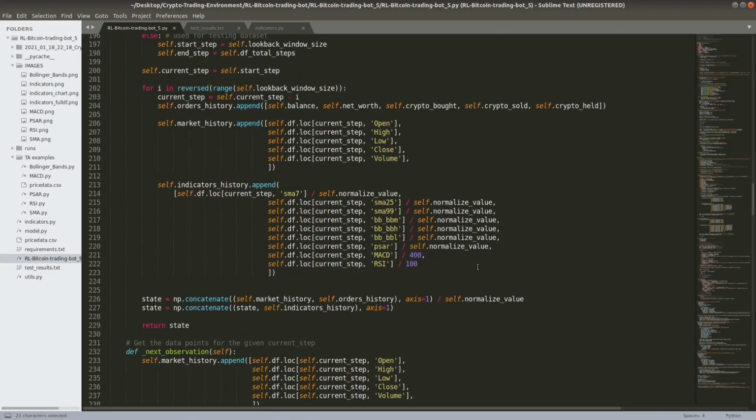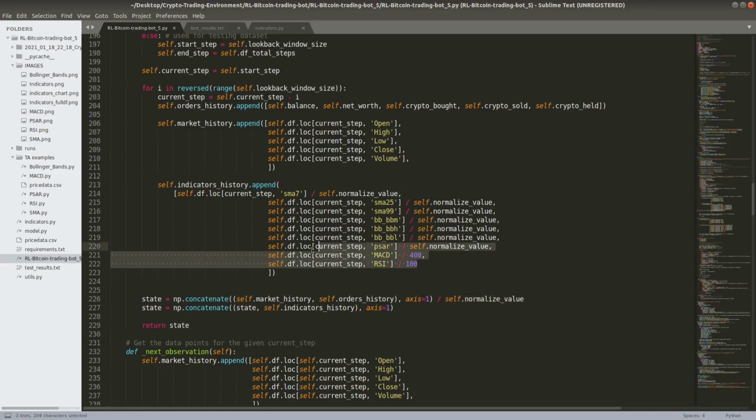And actually what we do, we take each step from our history the same way as here. We normalize it the same way as before. But because before I was normalizing it here, I left it as it is, but I concatenate this indicator to our state, and I do the normalization here instead.